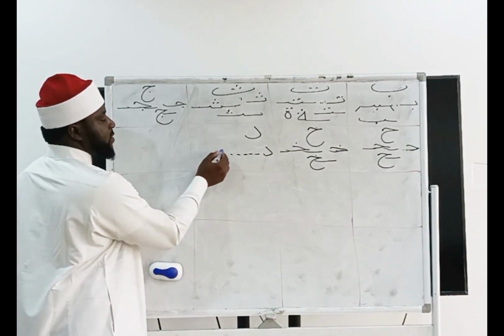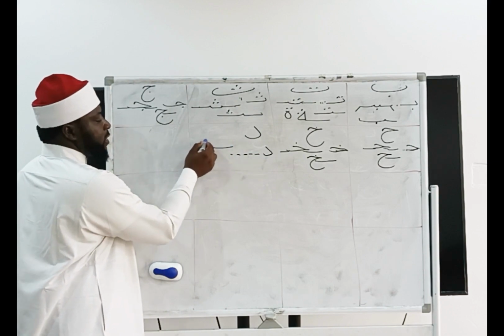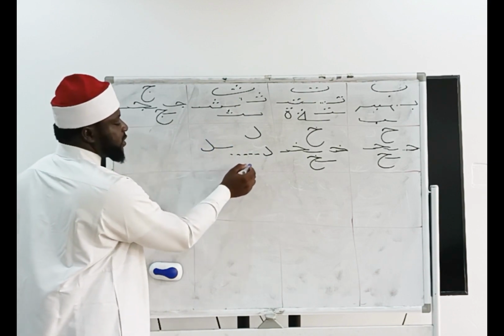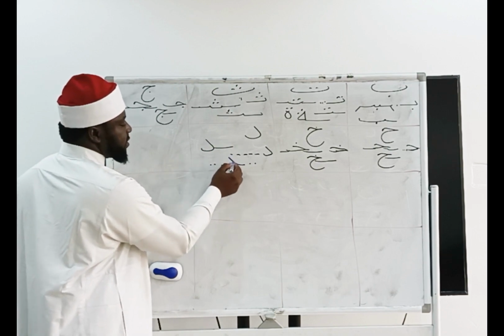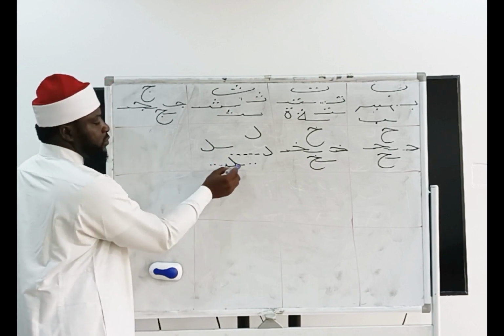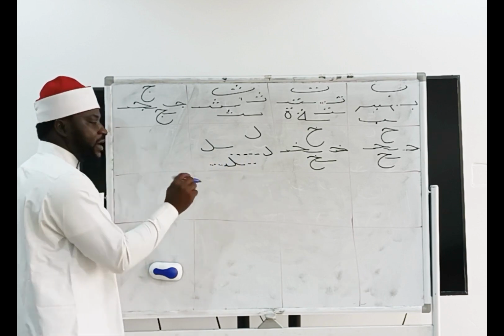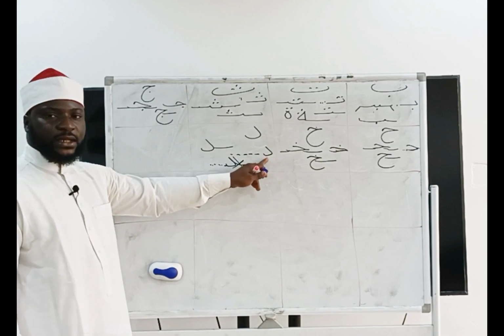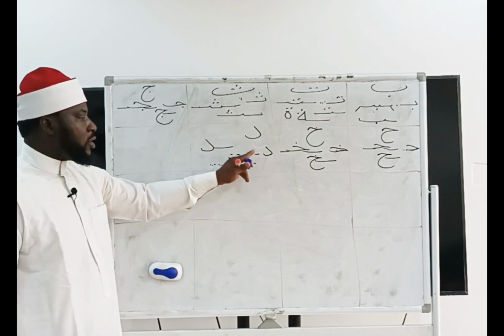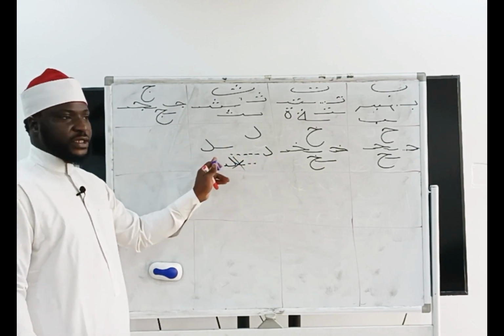Then at the end, an alphabet will come, then the dal will stand alone. But you will never see an alphabet coming after dal and joining together. It's either stands alone or an alphabet joins before it.